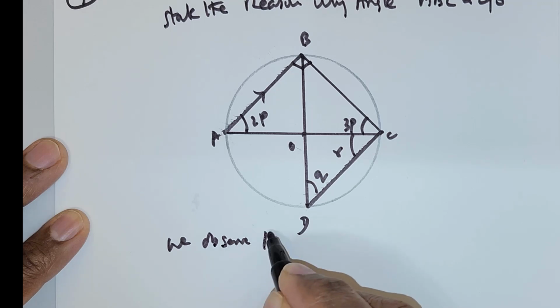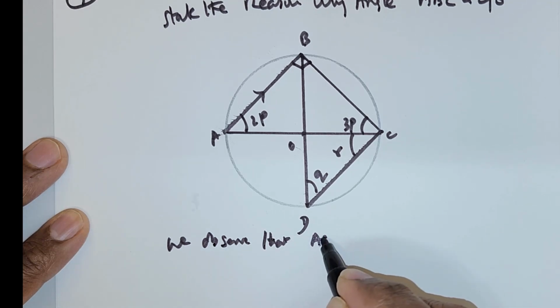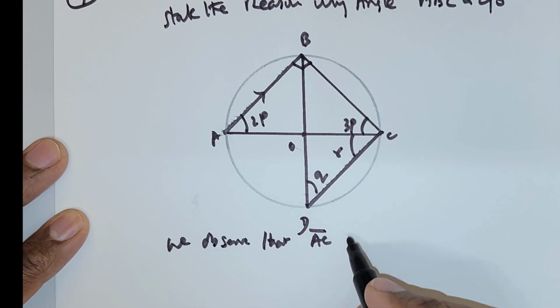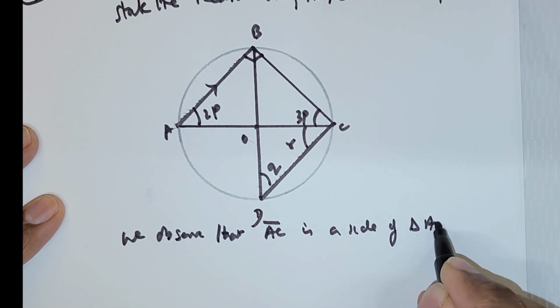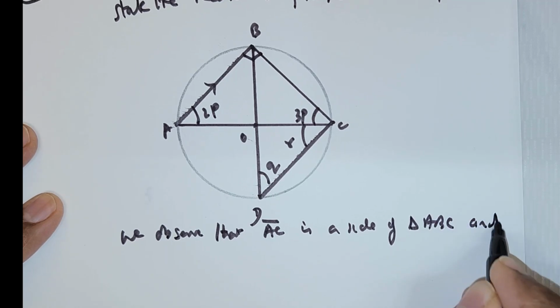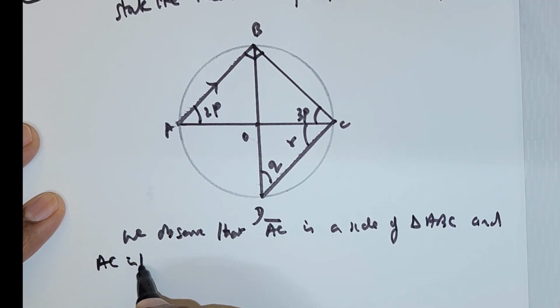We observe that AC is a side of triangle ABC, and AC is the diameter.